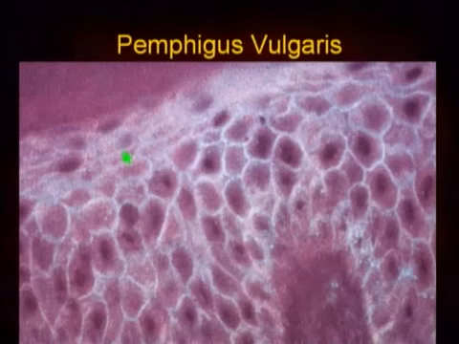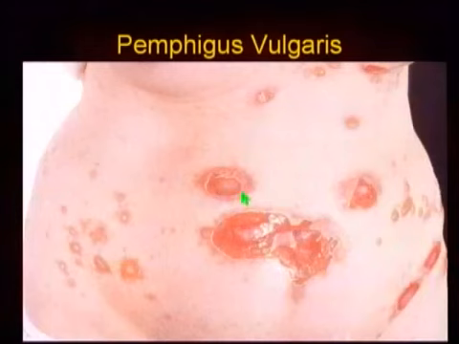Here's that immunofluorescence, and remember the pemphigoid was lit up just along the basement membrane zone, but here now we're talking about autoantibodies that are deposited all the way around the keratinocytes throughout the epidermis, so they cause a separation there within the epidermis.